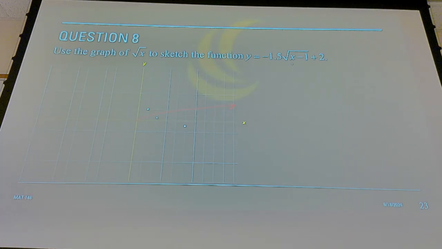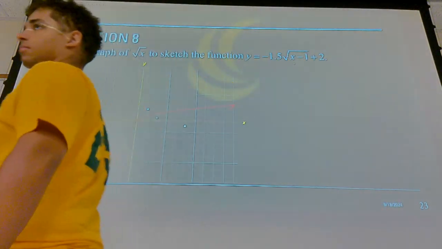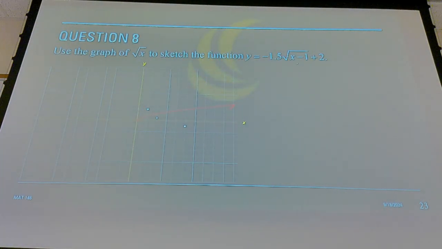Add 2 would be negative 2.5. Be right about there. So something like that.